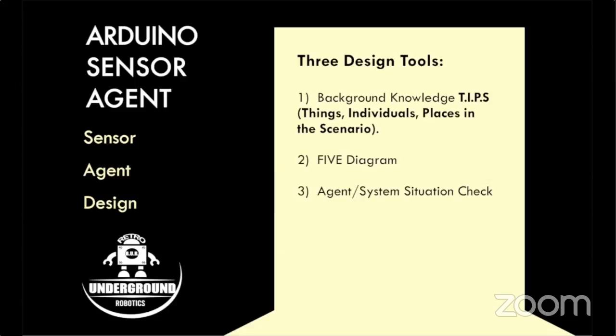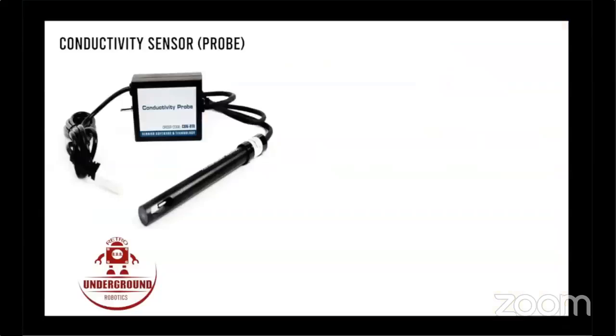The agent system situation check is an expectation versus delivery type of analysis that we do in our design. For an example of capturing the things, we talked about a conductivity sensor.